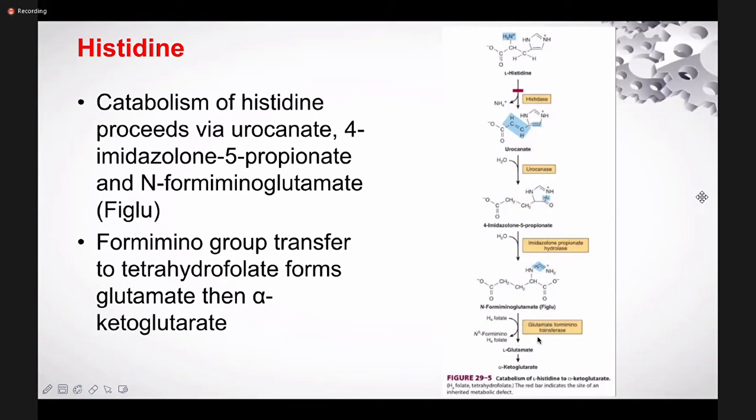So the end product is again glutamate and eventually alpha ketoglutarate. So, histidine, imidazolone propionate, and FIGLU, then there is a need for tetrahydrofolate to become glutamate and further on become alpha ketoglutarate.